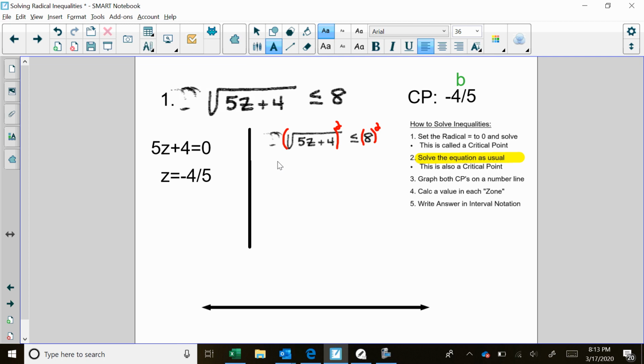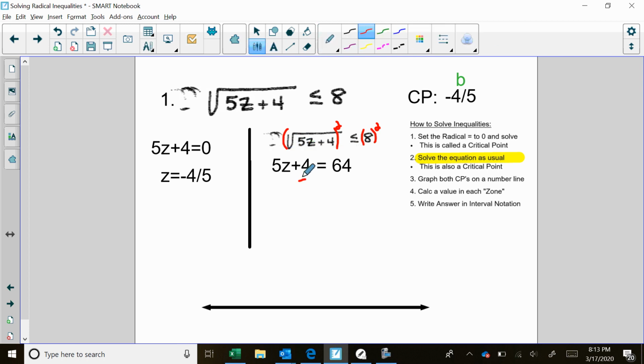Okay, so we'll have 5z plus 4 equals, and yes, we're changing the inequality to an equal sign because we're just trying to come up with another critical point, 64. Keep solving. Subtract 4, minus 4, both sides.